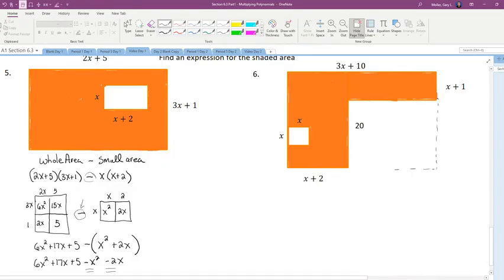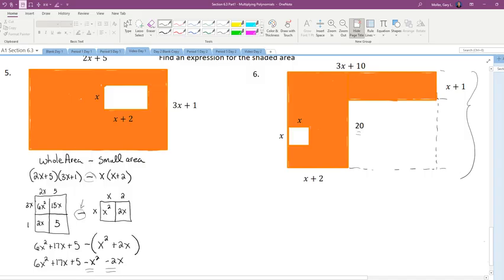make the orange rectangle whole, in which case we'd have 3x plus 10 across the top. And then how long would the whole side piece be? What I'm trying to indicate to you is we're going to call this x plus 1, and then everything else is 20.